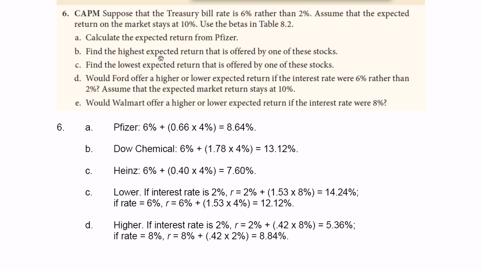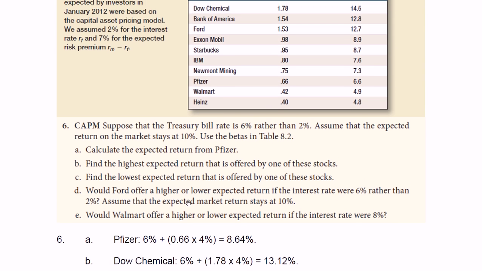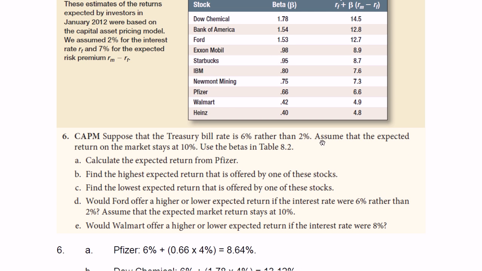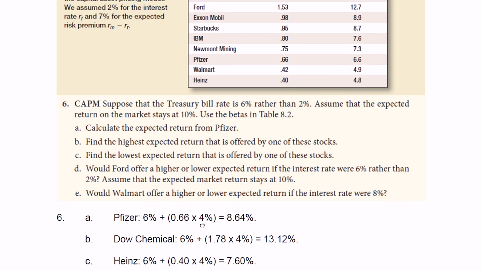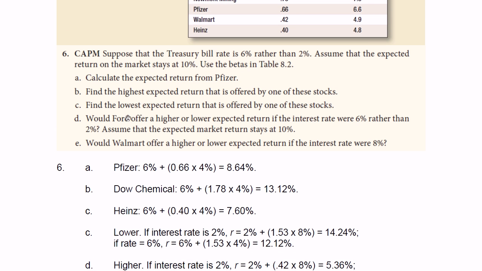A, calculate the expected return from Pfizer. For this company, the risk-free rate is 6%, and its beta is 0.666, and the risk premium is 10% minus 6%, so it's 4%. Now we get the expected return.